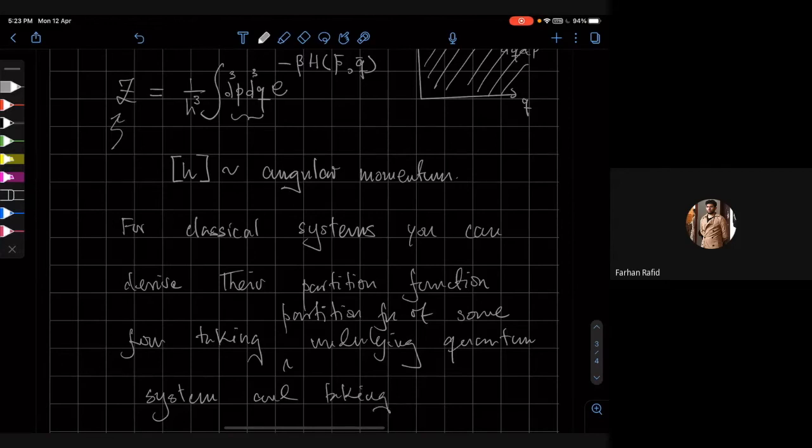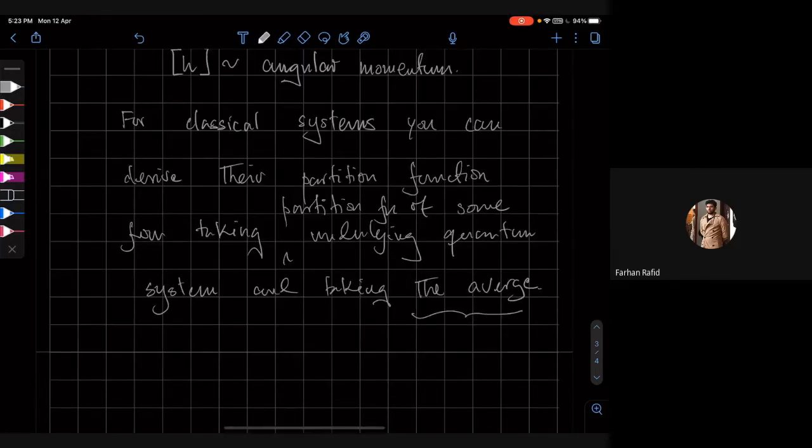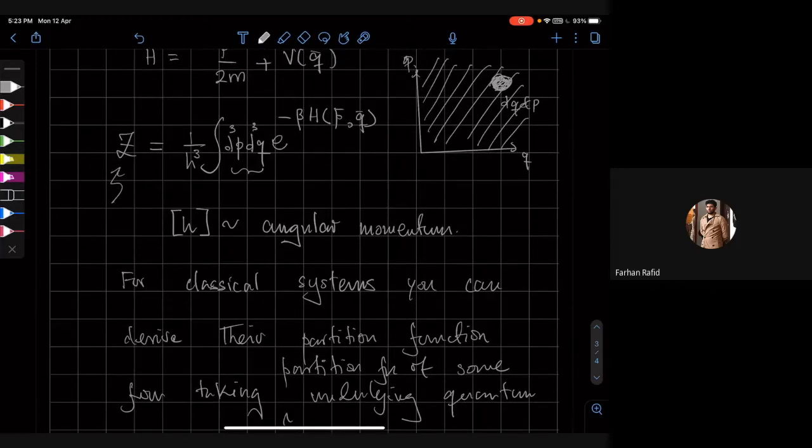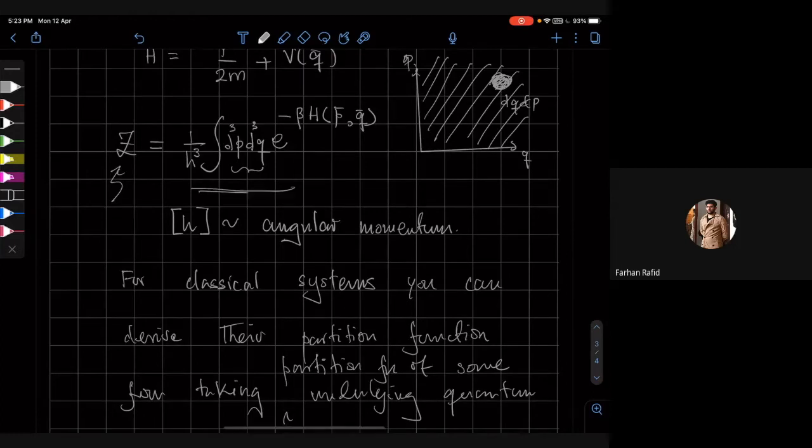Okay, sorry, the wording is not very elegant. So you start with an appropriate quantum system, and then you take its average. When we say average, we are actually looking at some classical limit in some sense. At some point we'll show how this partition function can be derived from a quantum partition function.